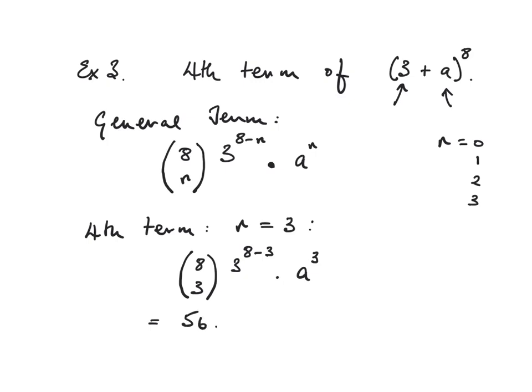That's 3 to the power of 5, that's 243. And then a cubed. And that's 13608 a cubed. And that saves us having to write out all the terms, working with the general term.